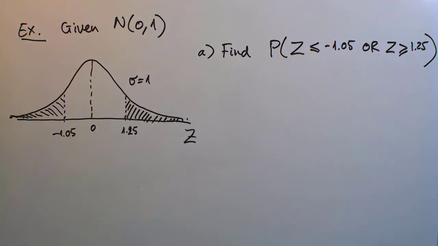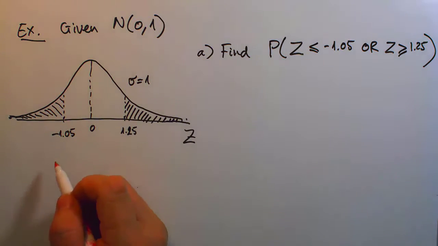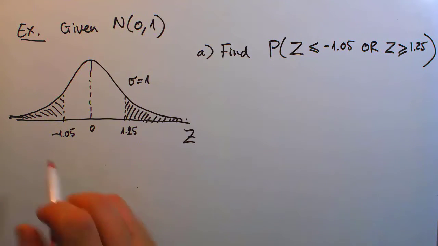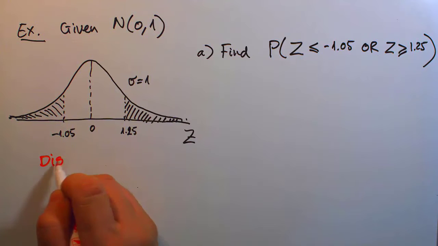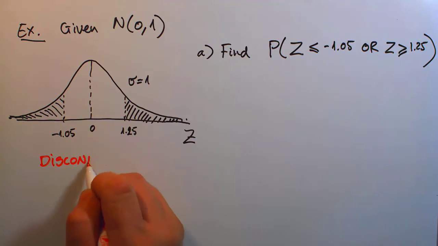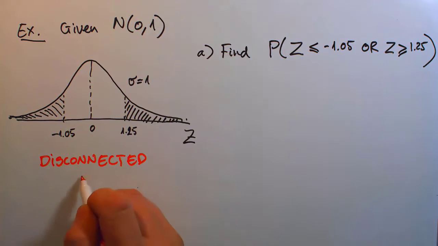Now this picture, immediately after we successfully made a sketch, usually I refer to this when I'm meeting with my students face to face. I refer to this in my own terms as the kind of problem where we run into disconnected areas.